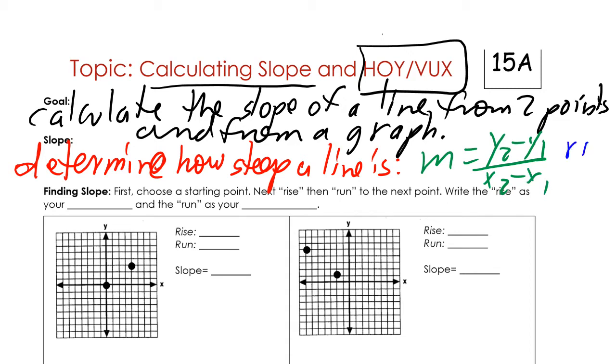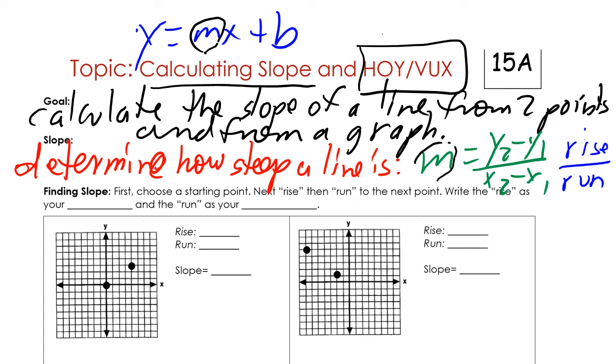Some people like to say rise over run. Do you remember our y equals mx plus b equation? Well, m is the slope. There's the m. We're going to be figuring out the slope, the m, in y equals mx plus b.